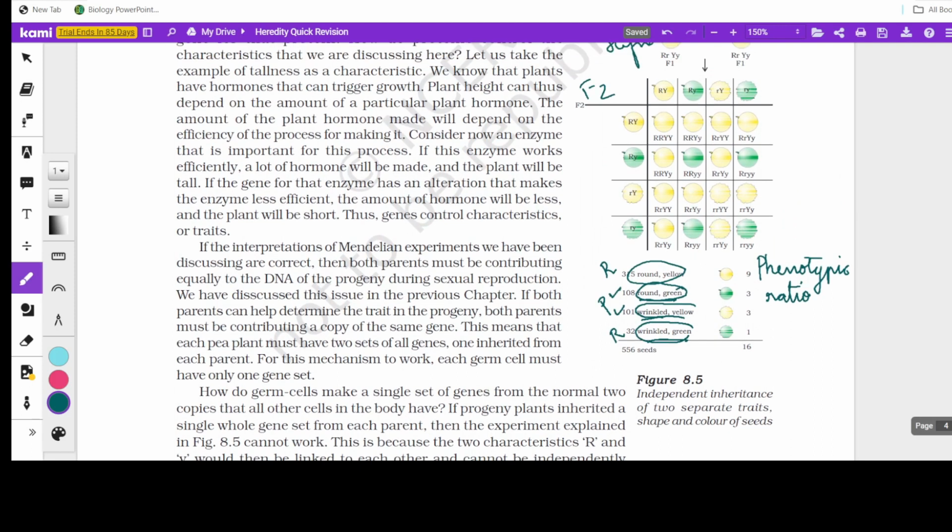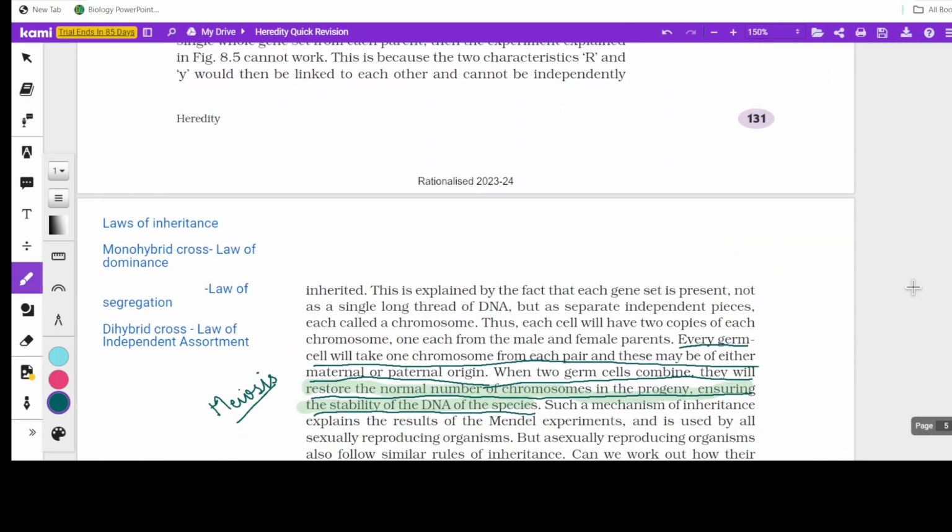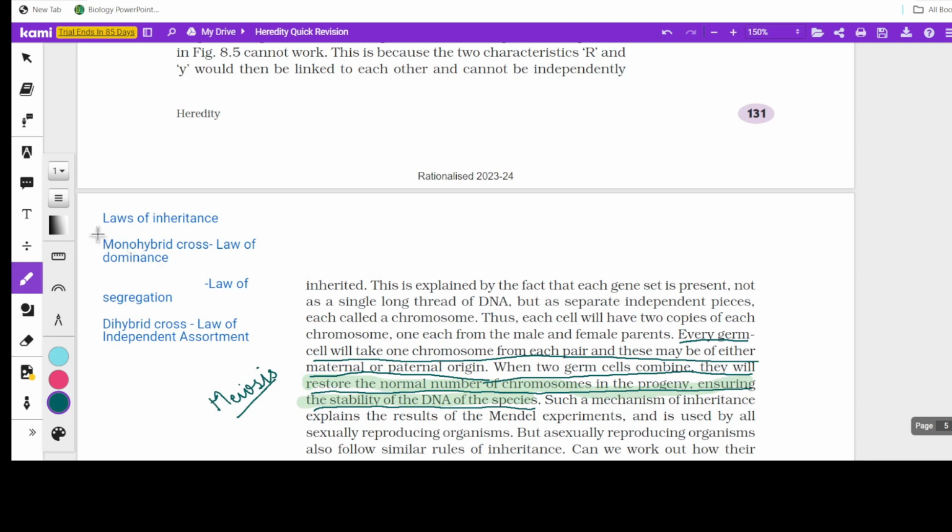Now the next possible question based on this is on the three laws of inheritance. We are learning only two Mendelian crosses here: the monohybrid cross with one character, two traits, and the dihybrid cross with two characters. Remember, one character carries two traits, so if it is two characters, you will have four traits.